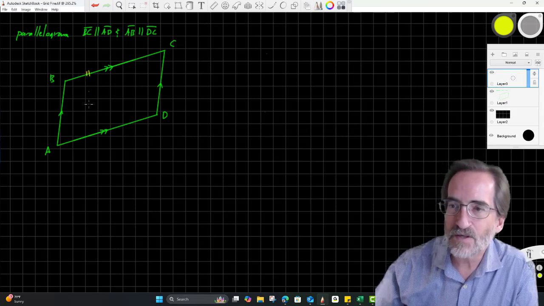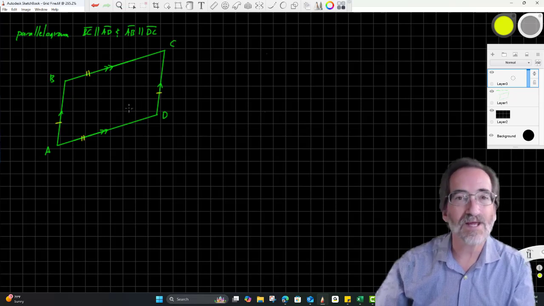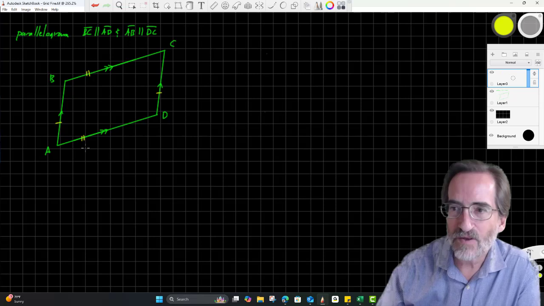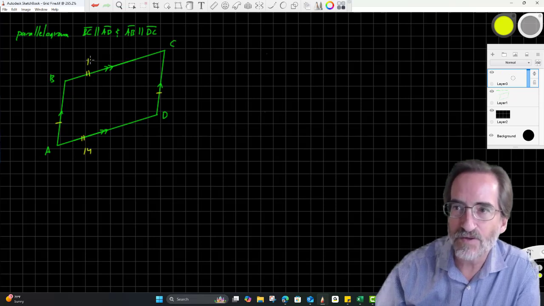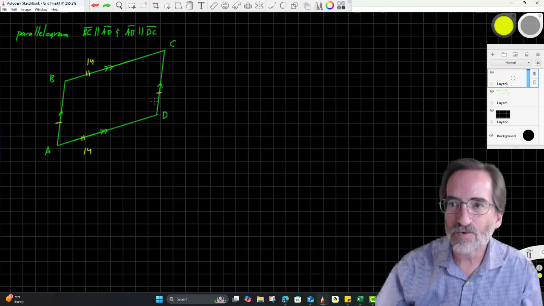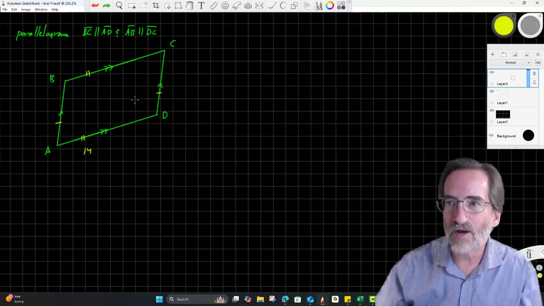So BC is congruent to AD, and AB is congruent to CD. They're the same length. So if I was told that this length is 14, then this length is also 14. If I was told that this length is 8, then this length is also 8. But let's go ahead and do a proof of that rule.